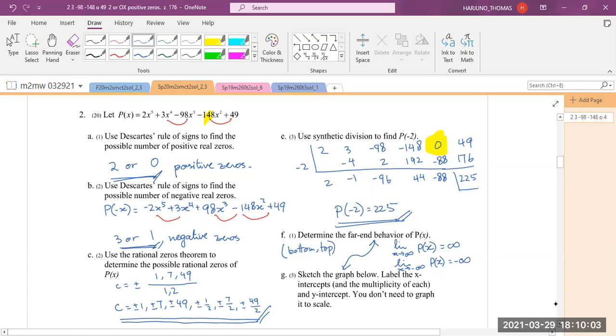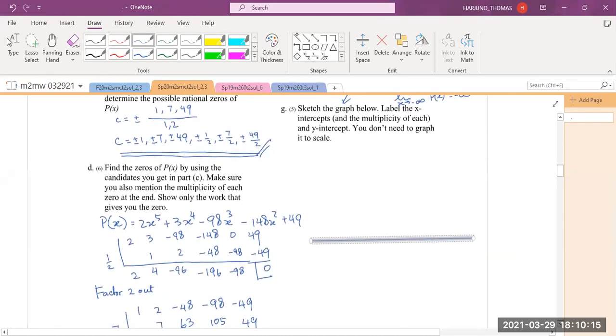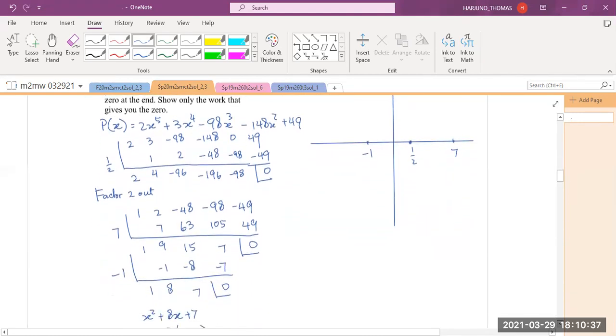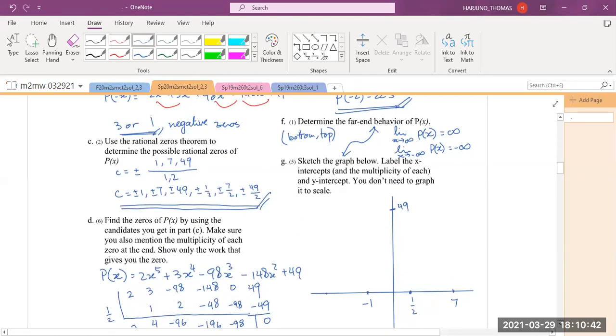Okay, now go on, part G. Now the y-intercept for this function is very high, 49. So again, if you try to graph that to scale, you won't be able to accommodate all of them. x equals 1/2, x equals 7, x equals -1 with multiplicity of 2, and -7 with multiplicity of 1.